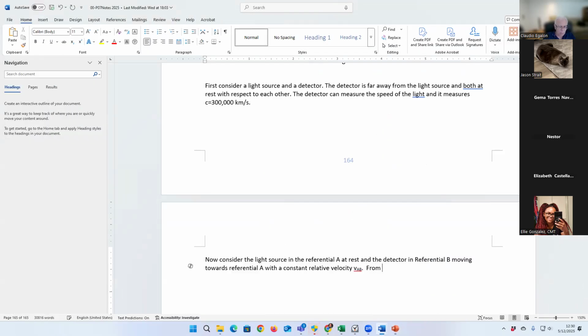From Newtonian mechanics, we would assume that the detector would measure a speed equal to 300,000 kilometers per second plus V_AB.